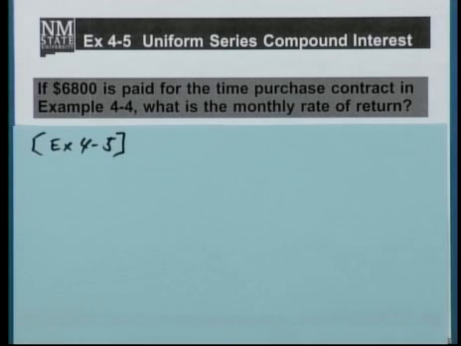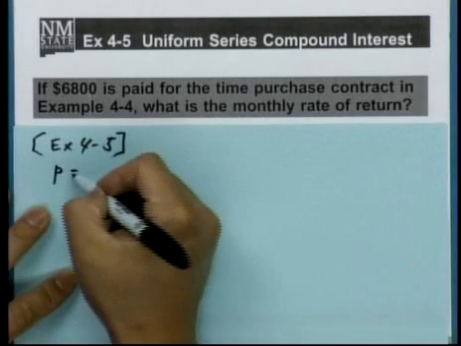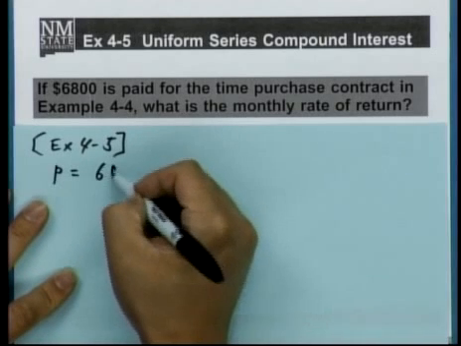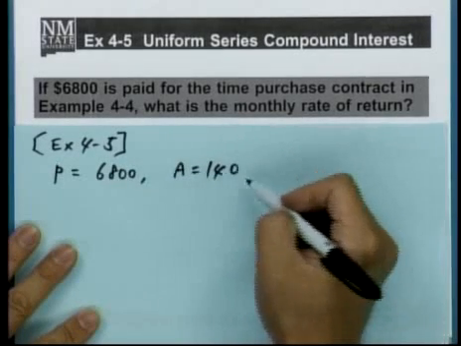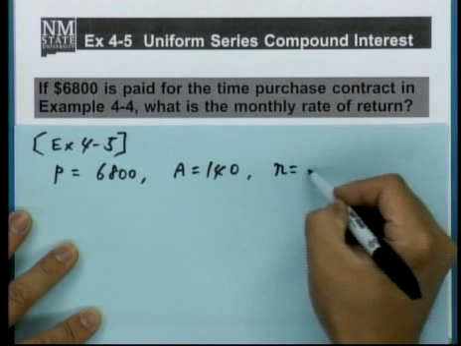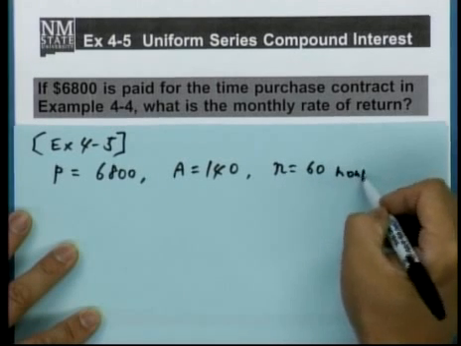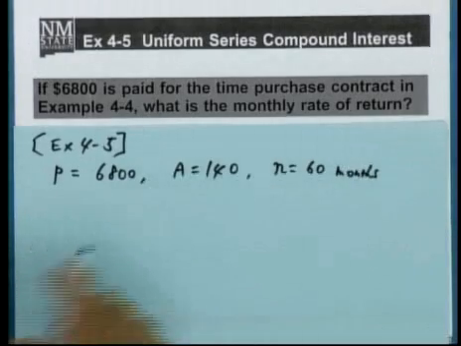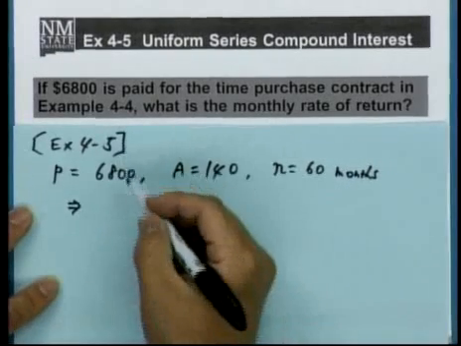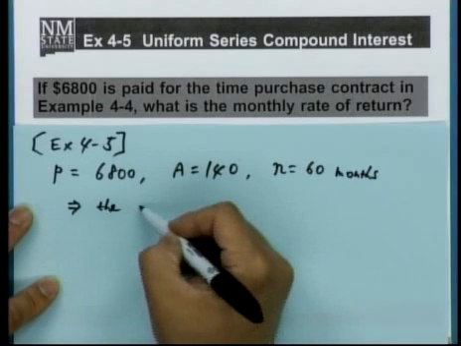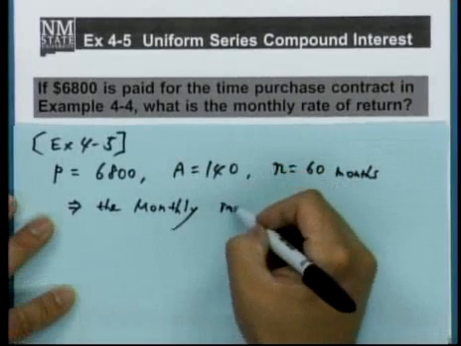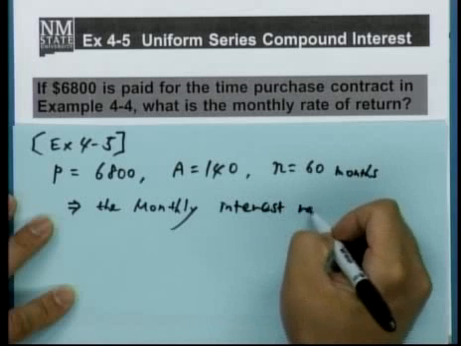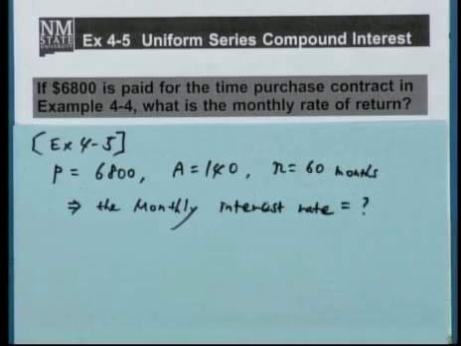And we want to know the monthly interest rate, right? So again, the given information is present sum $6,800 and uniform series of $140 over 60 months, right? And in such a case, we want to know the monthly interest rate.